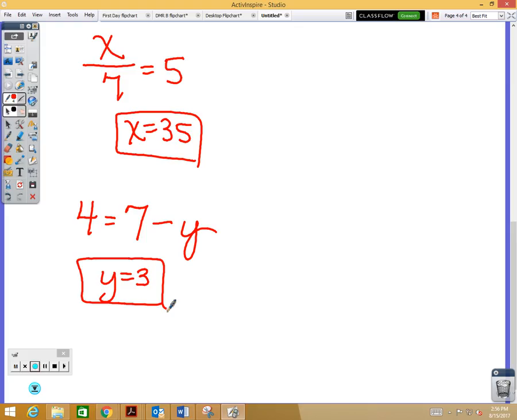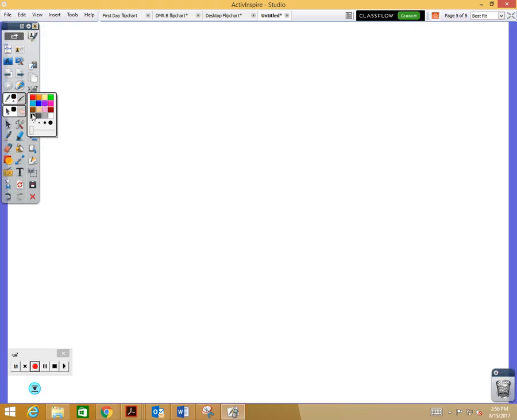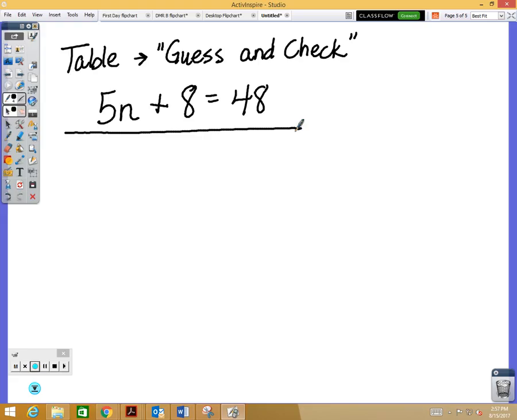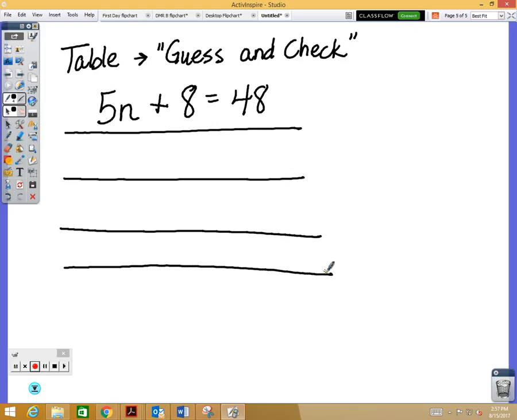The last thing that I want to talk about is how you would use a table to help you guess and check.